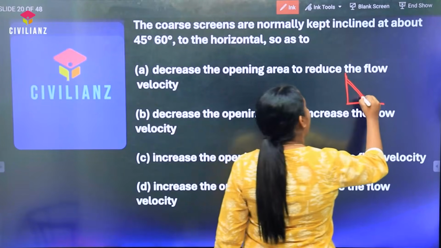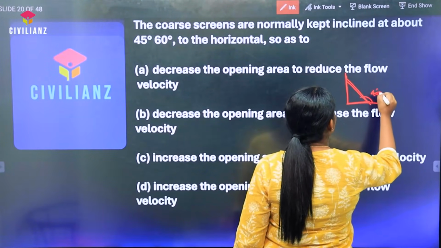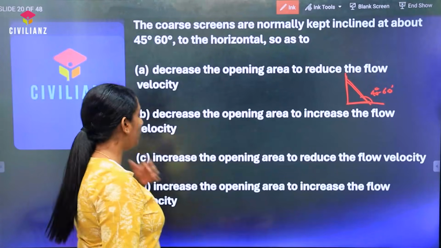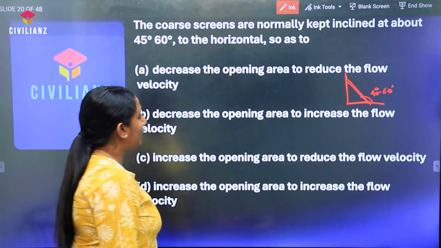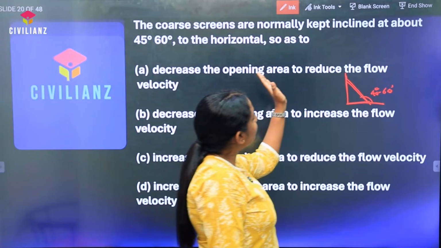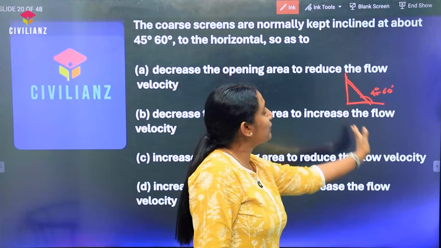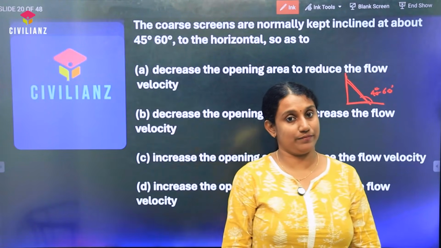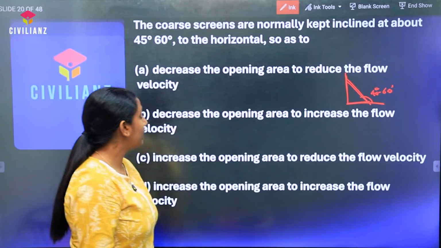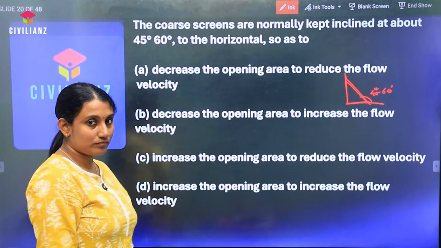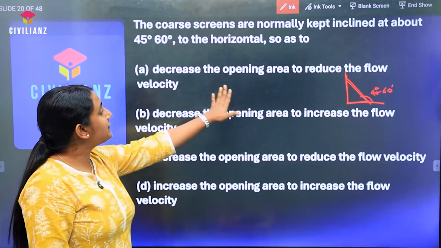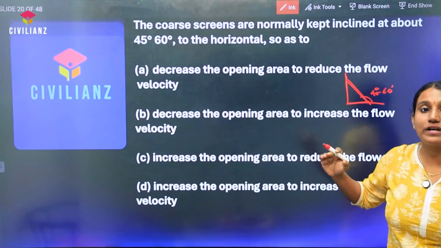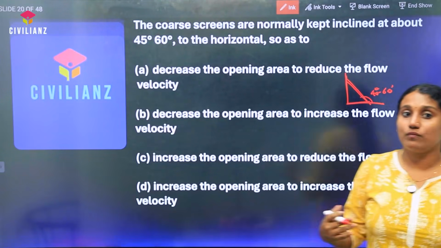We make an angle of 40 or 30 degrees to 60 degrees. Why do we always keep the inclined position at an angle of 40 to 60 degrees? Which option is correct? The inclined position means increasing or decreasing the area?